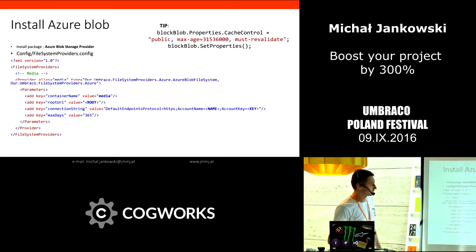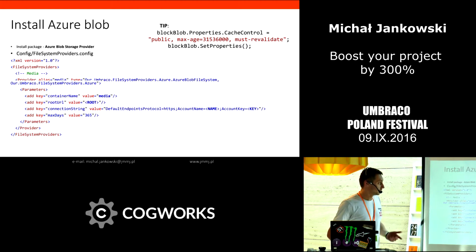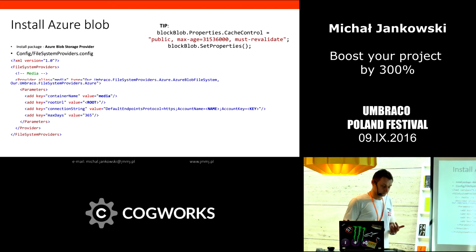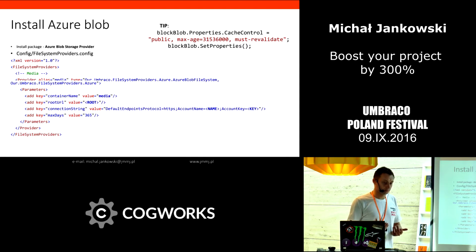But there's a tip, because in standard, the blobs are not returning headers for the content. You can do it in web jobs or whatever way you want. Make sure you put this line of code somewhere in Umbraco, the uploader, or some job, to make your blob less accessible for users.